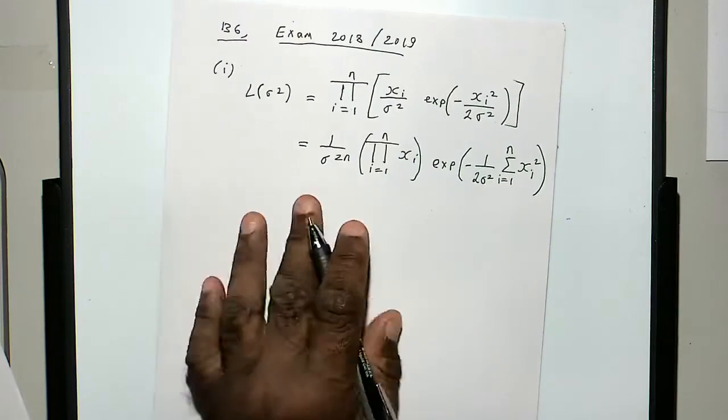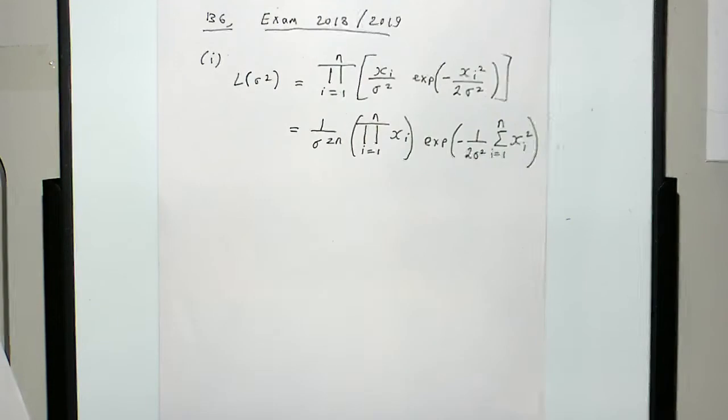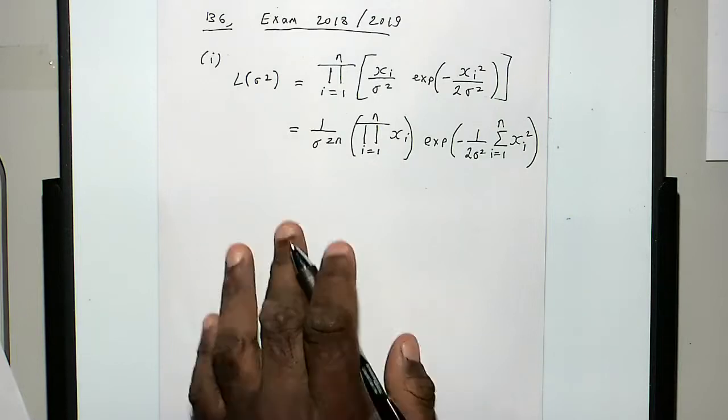Right, so this is the likelihood function. That's step 1. Step 2 is to show that the MLE is equal to this.